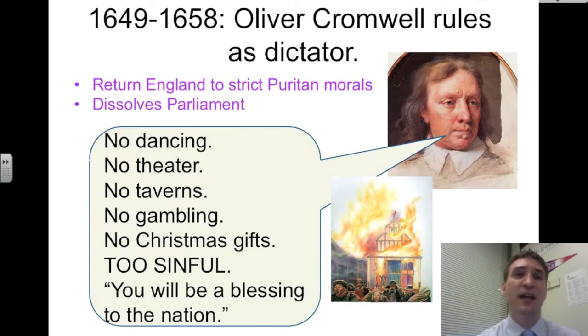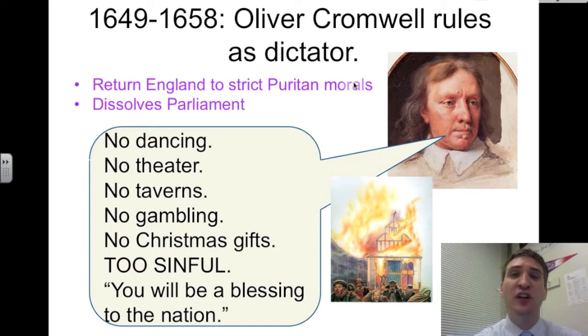In fact, from 1649 to 1658, Cromwell rules a lot like a dictator. He returns England to strict Puritan morals. Puritans are a Protestant Christian group, and Cromwell dissolves Parliament, just like King Charles I. Sounds an awful lot like a monarchy.